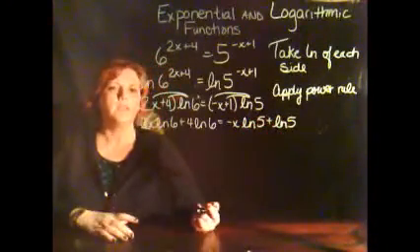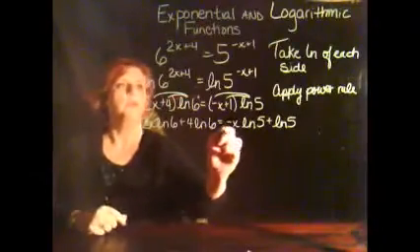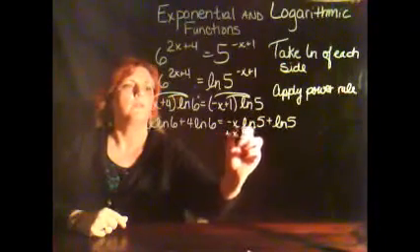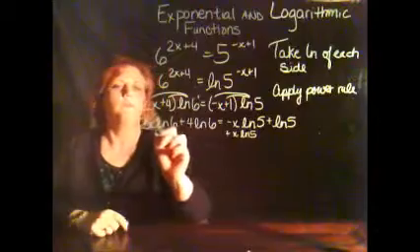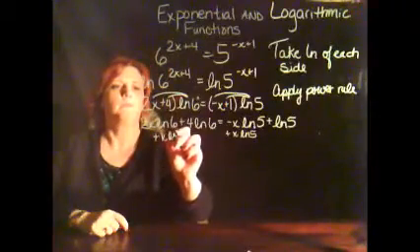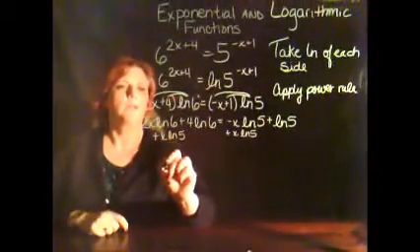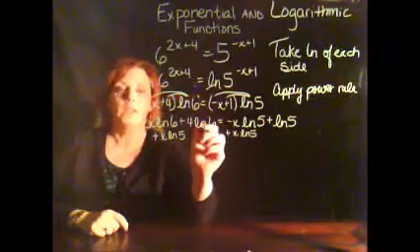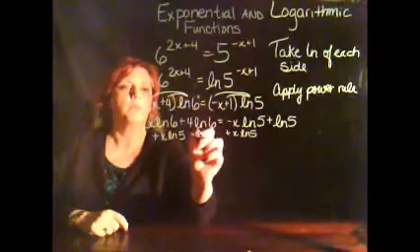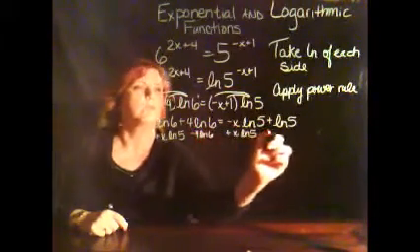Anything that has an x or a variable, I'm going to put on one side of my equation, and anything that does not have a variable, I'm going to put on the other side of my equation.